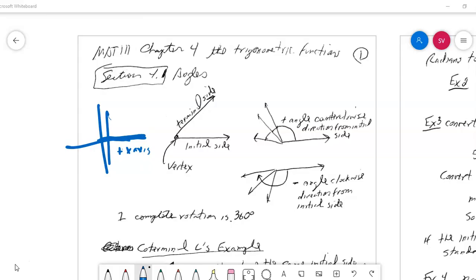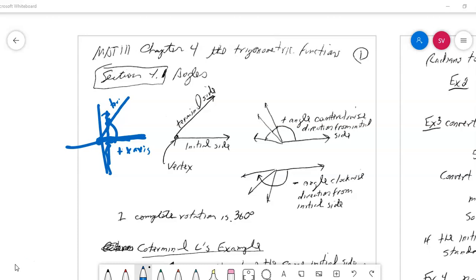Ignore that line. And then we're going to create a second line. This point right here where two of our lines meet, one from the positive x-axis, and then whatever line that we create, this is going to be from the vertex. This is going to be called the terminal side. And then an angle is going to be created.